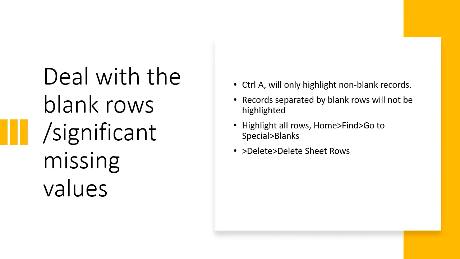So maybe inside the spreadsheet you can press Control A and try to search for the blank rows, but doing Control A will only highlight the non-blank records. Those separated by blank records will not be highlighted. So a quick fix is to highlight all rows and then go to Home, Find, Go to Special, and then Blanks, and then you can delete the shaded rows. By doing so, you can fix all the purely blank rows from your data set.